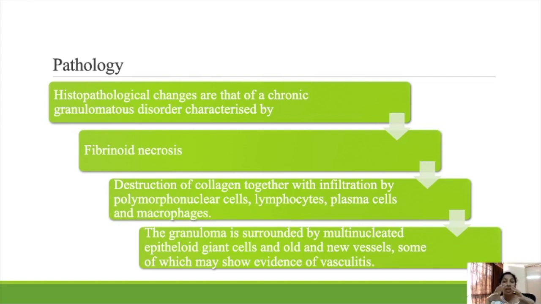First there is fibrinoid necrosis, cell death. After that there is destruction of collagen and infiltration of polymorphonuclear cells. The union of these cells is known as granuloma, and this granuloma is surrounded by multinucleated giant cells and also old and new vessels.